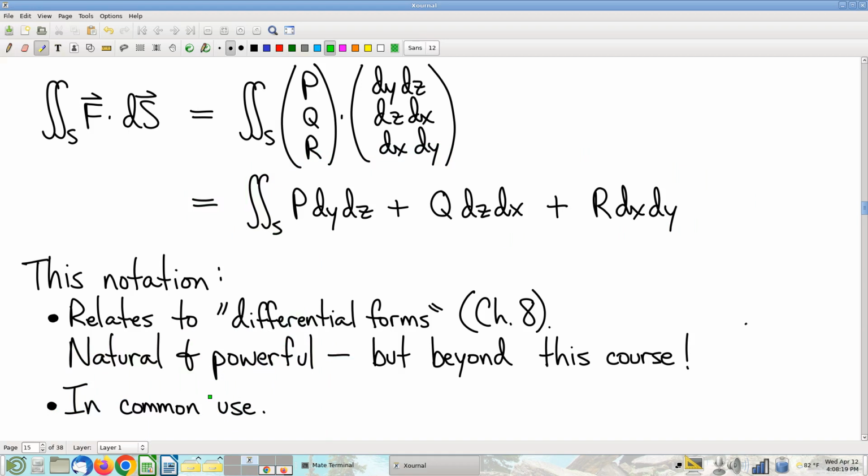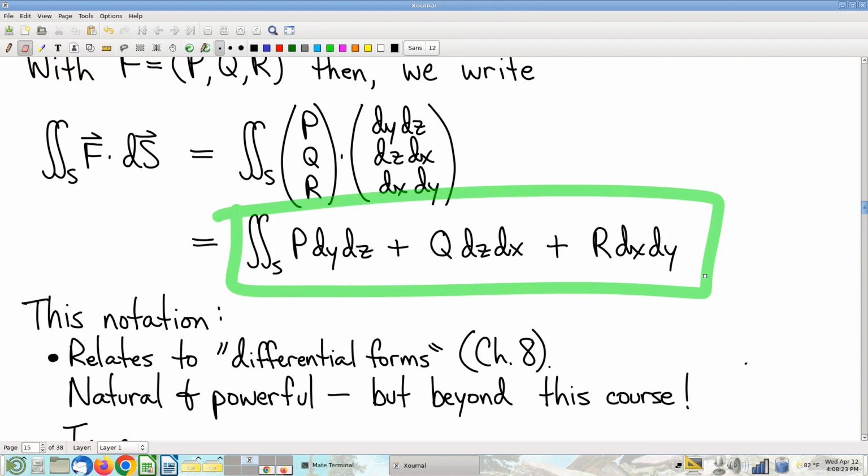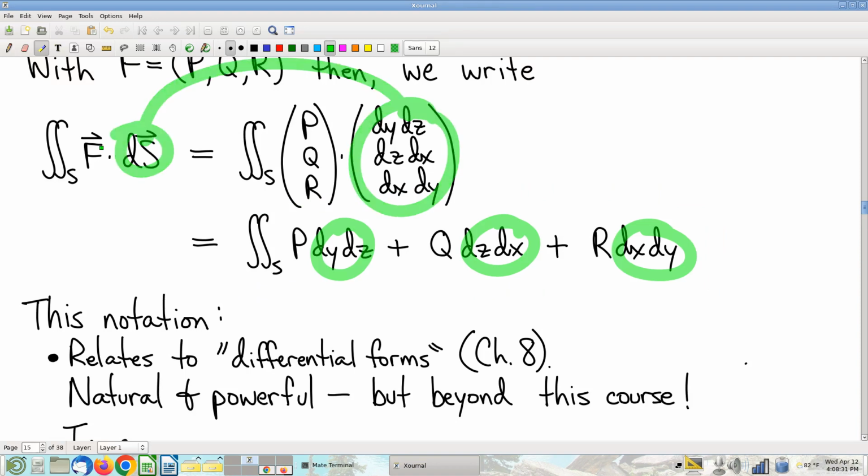So what do you do with it when you see this notation? Well, here's what you do. Recognize that these differentials over here, that's just fancy talk for the ds vector. That's all it is. Right?